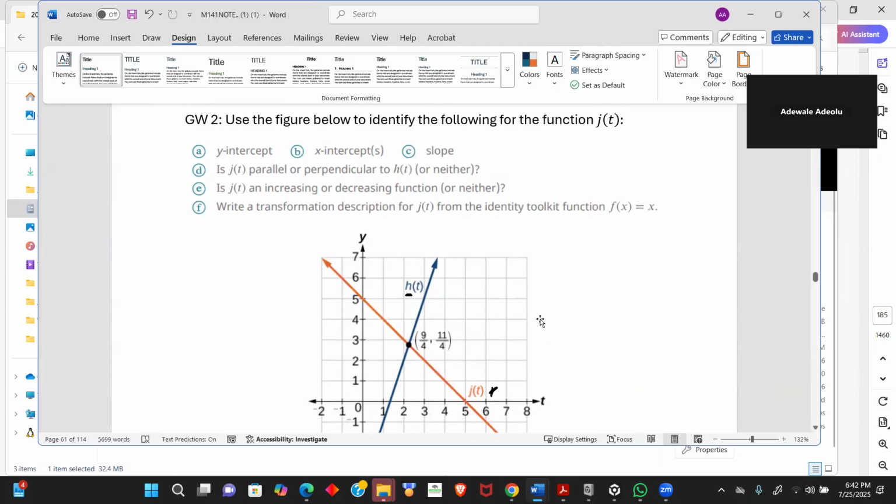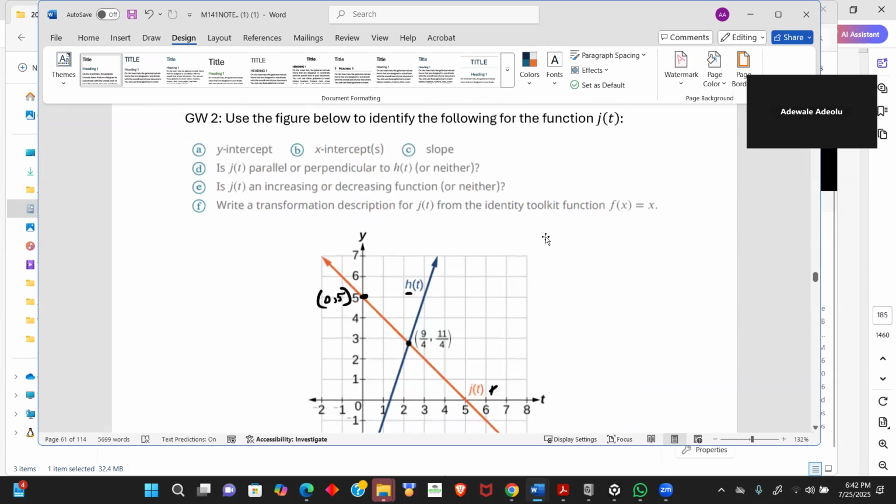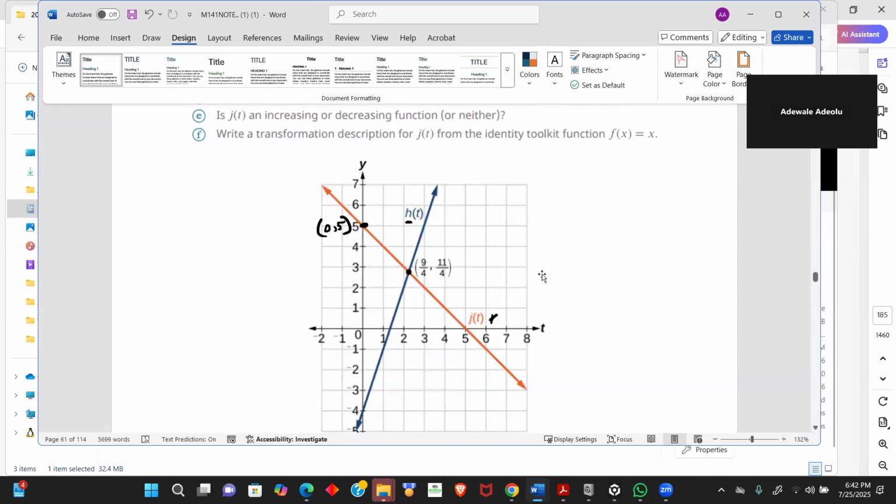So the question is, for the function j of t, find the y-intercept. Well, you know what that means. The y-intercept is y equals 5, or you write it as (0,5). That is the point where x is 0, y is 5.